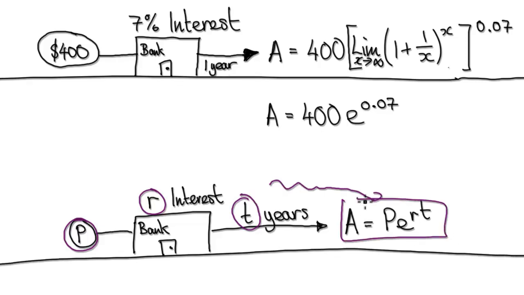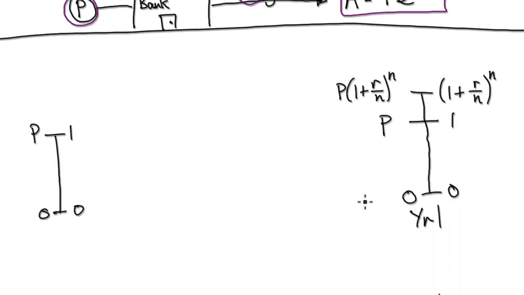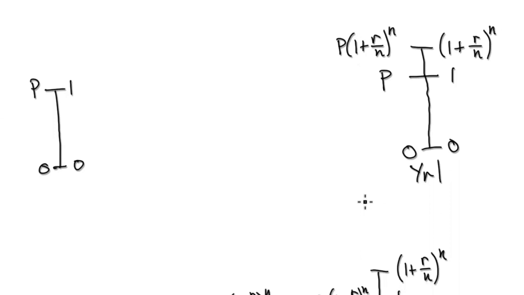So let's start. In the previous video, we've seen that at the start of the year you have an amount of P, and then after 1 year, if you compound it n number of times, it will give you this.